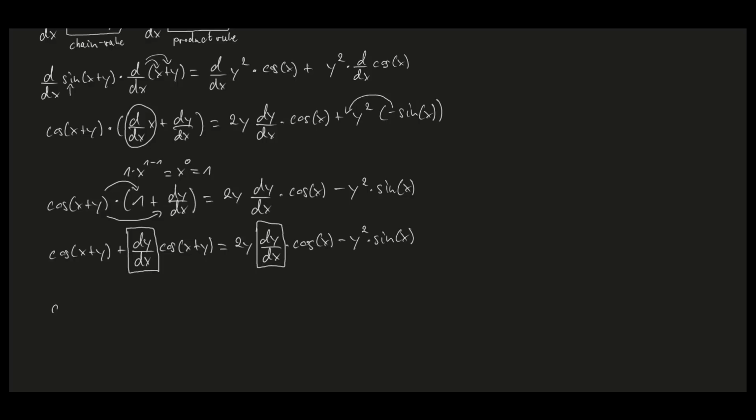So we will get dy over dx cosine of x plus y minus dy over dx 2y times cosine of x, and this here we can bring to the right hand side.